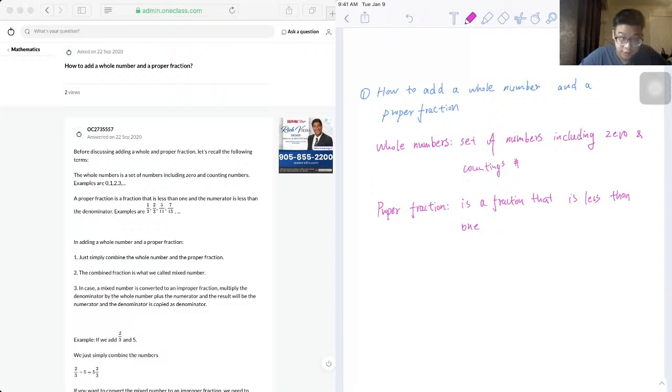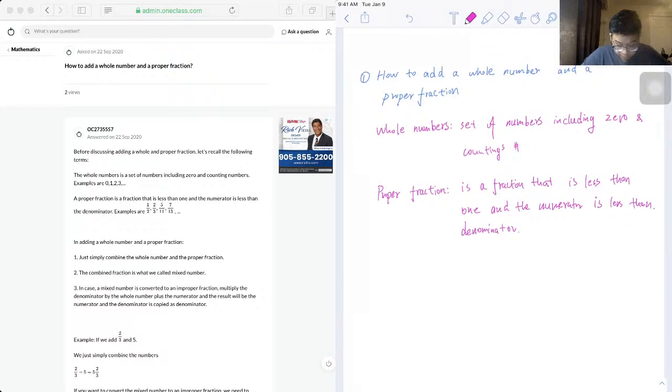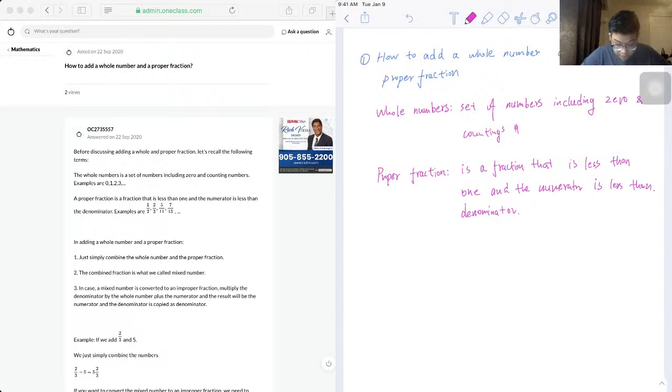That will be the first condition, and the numerator is less than the denominator. So a proper fraction has two conditions.